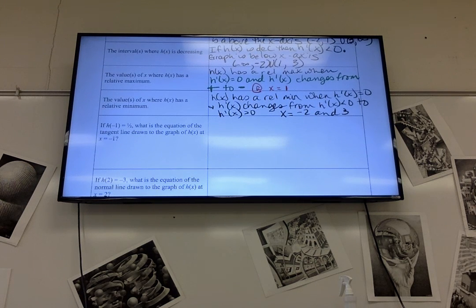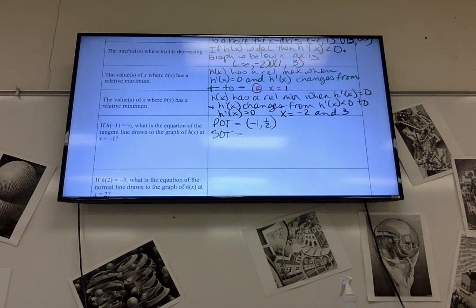If h of -1 equals 1/2, what is the equation of the tangent line drawn to the graph of h of x at x equals -1? So, in order to find the equation of the tangent line, what do we need? Point and slope. They give us the point. What's the point? -1, 1/2.